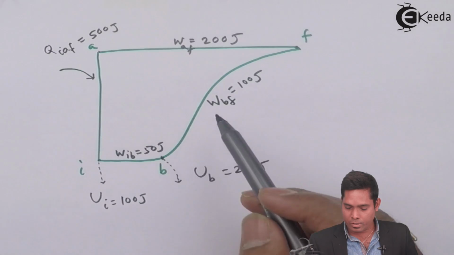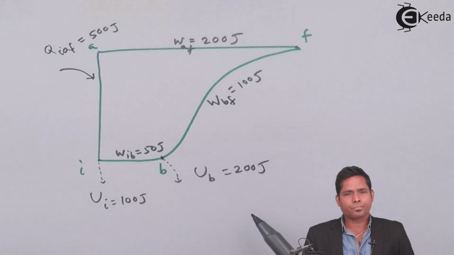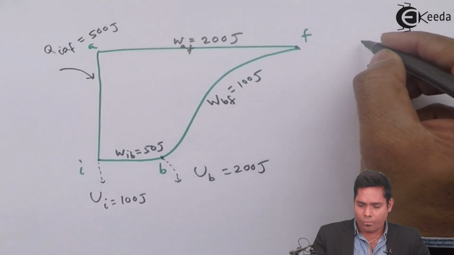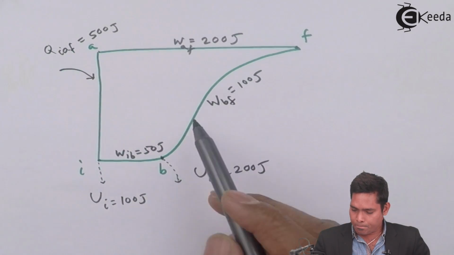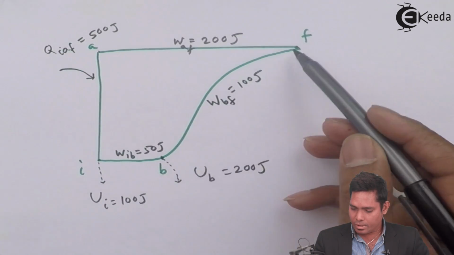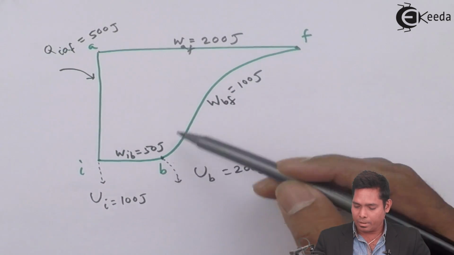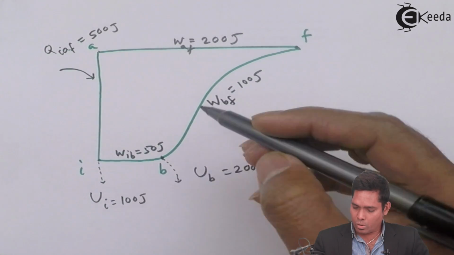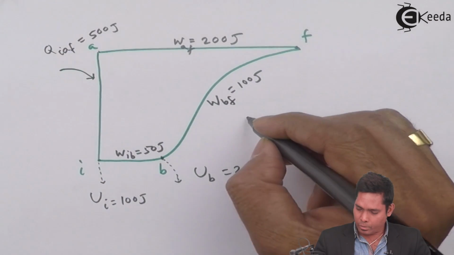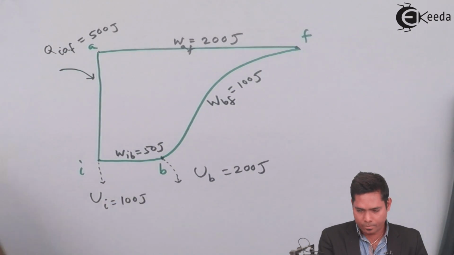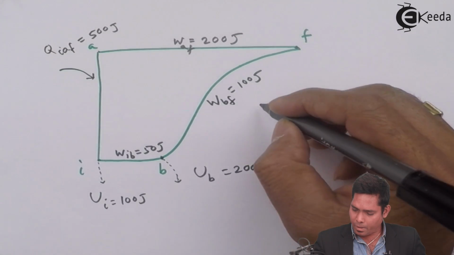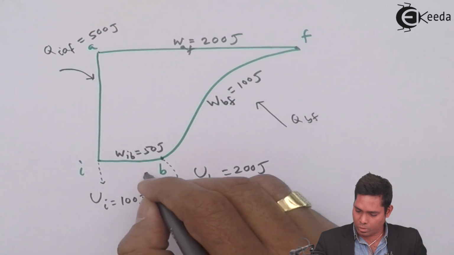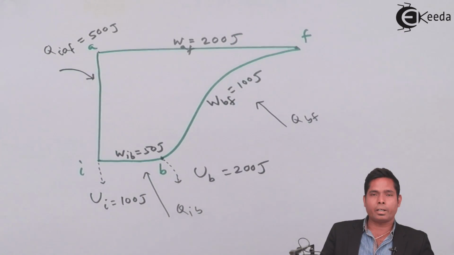Now you have to find the ratio of QBF, the heat supplied in the BF path, divided by QIB, the heat supplied during the IB part. You have to find these two and divide.